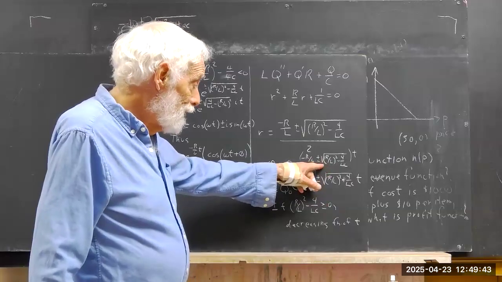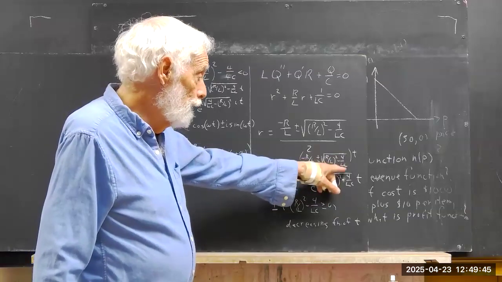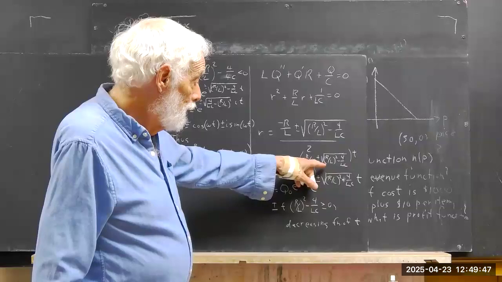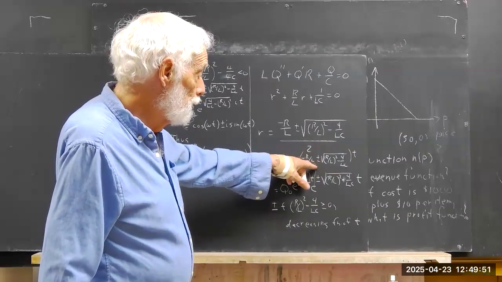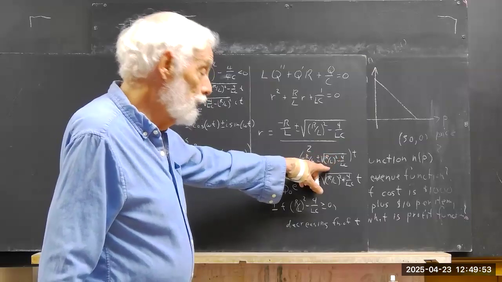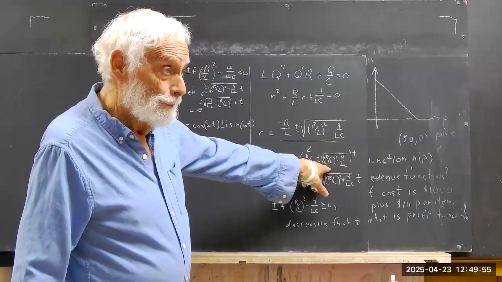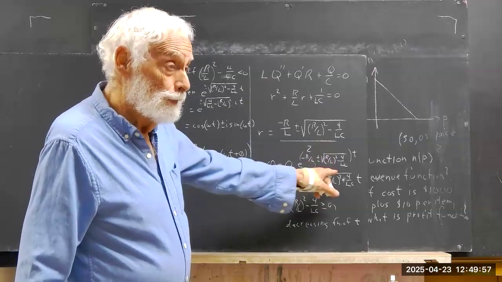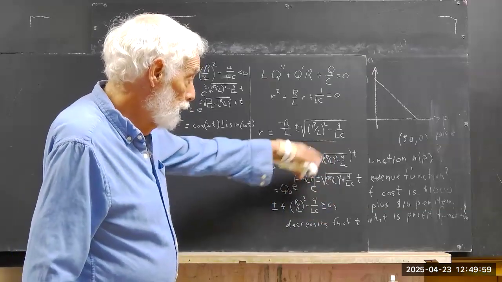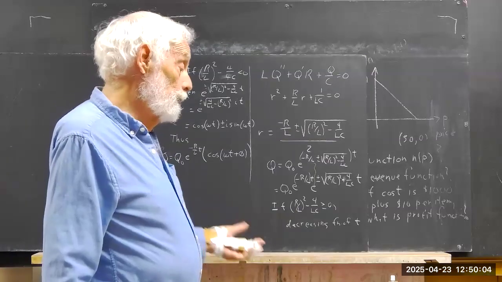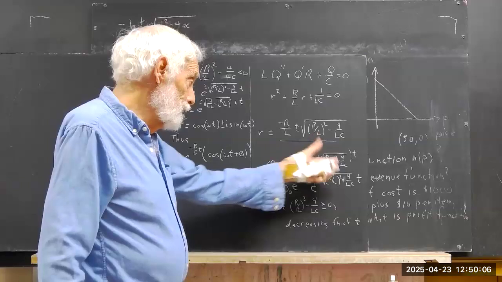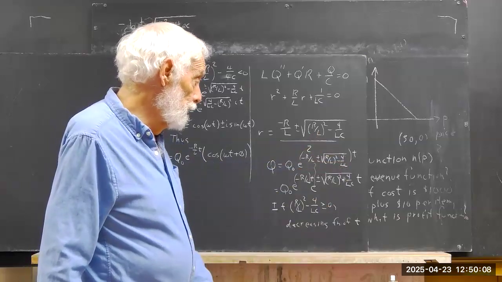And the square root of that, if you didn't have the 4 over LC, would be just R over L. So we have negative R over L plus or minus something that is at most equal to R over L. So it follows that the exponent here is negative in all cases, or possibly 0. But that's if you don't have an L or a C in there.